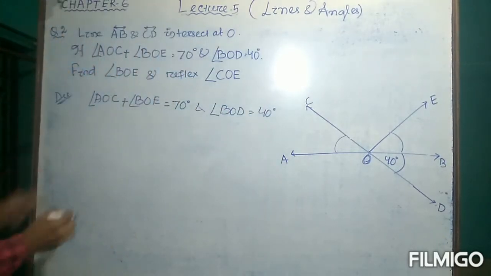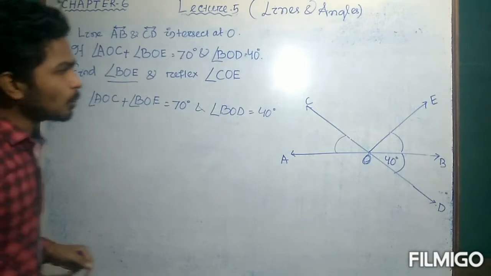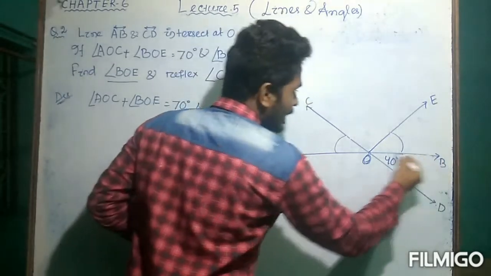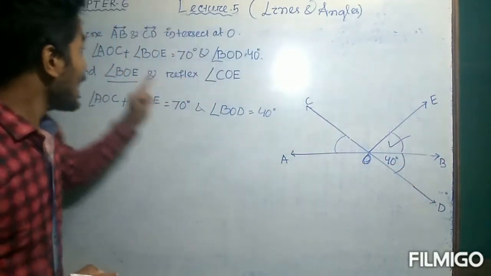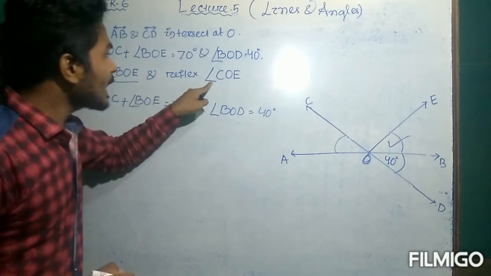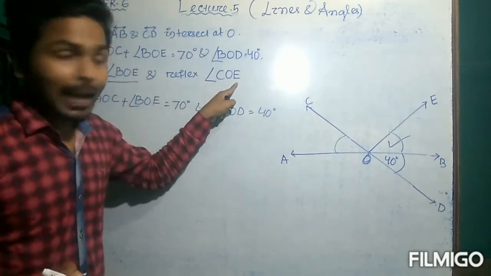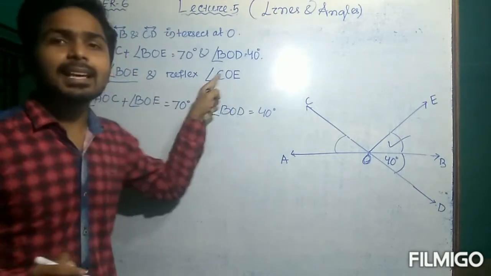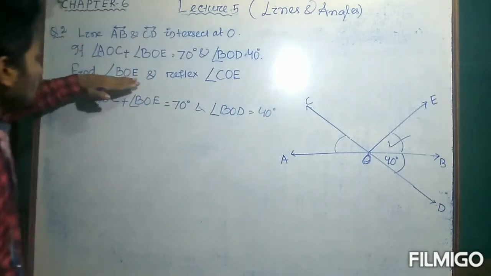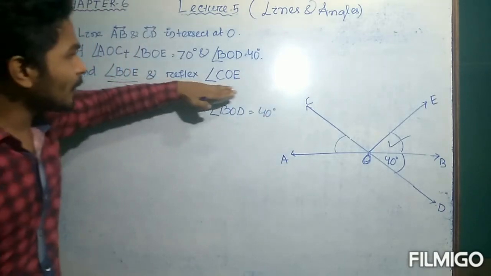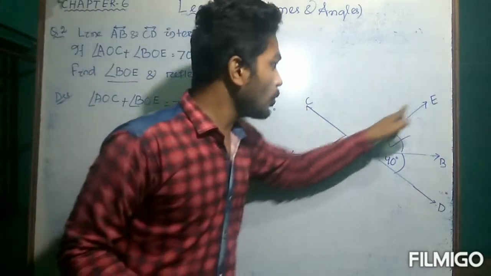Now you have to find the value of the angle BOE. That means you have to find this angle's measurement and the reflex angle COE. I will tell you what is the meaning of reflex angle COE. So we will find the value of this angle and the reflex of the angle COE.